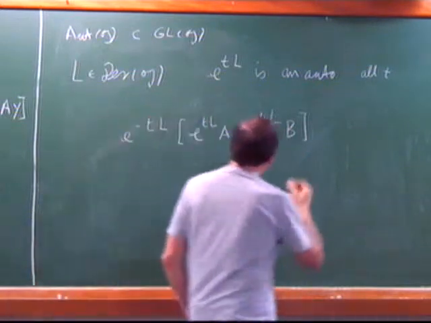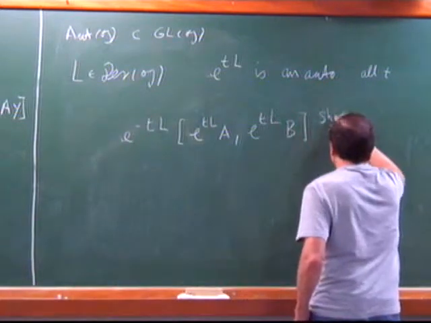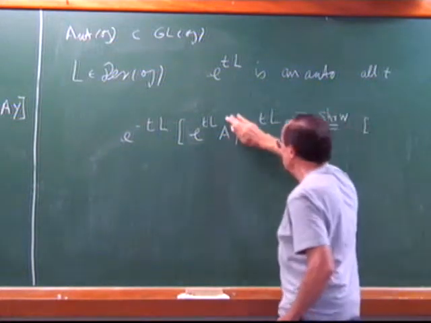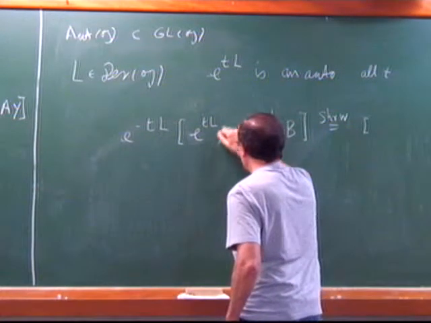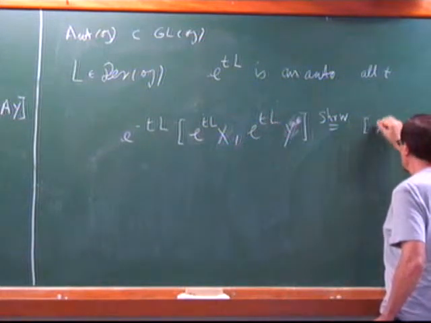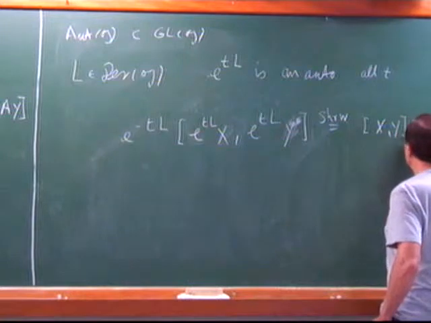In other words, I want to show that this is the bracket of x and y for all t.